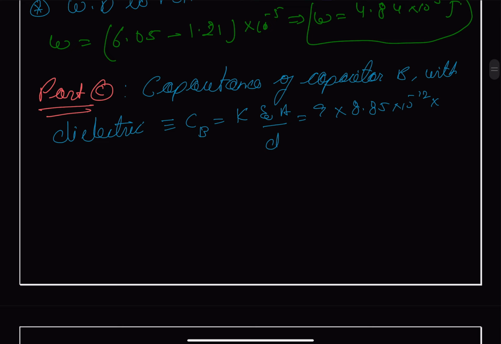And this comes as 0.02, and it comes as 8.85 into 10 to the power minus 4. Therefore, we get our CB will be equal to 1.8 into 10 to the power minus 9 farad.